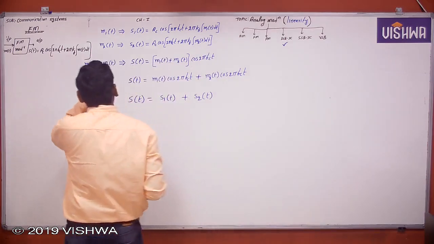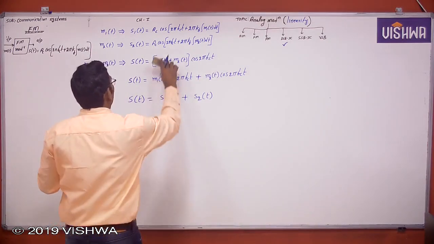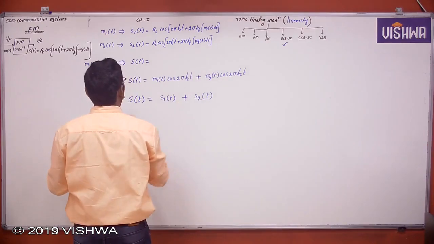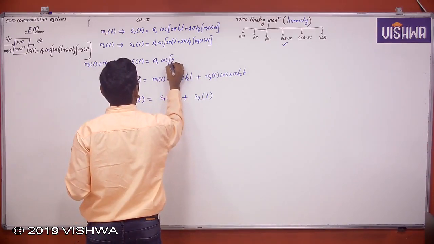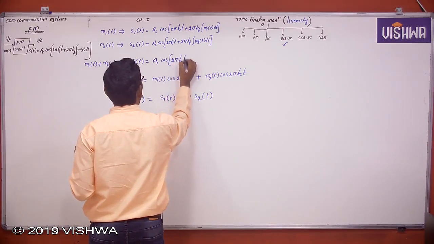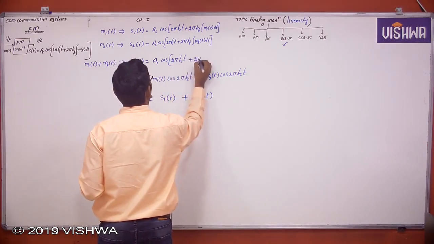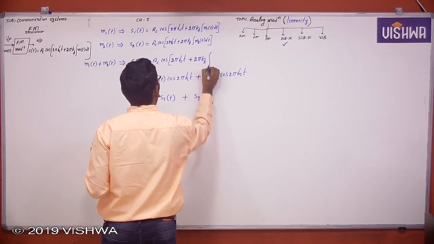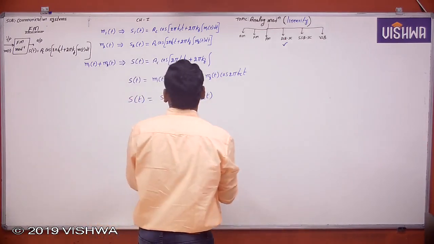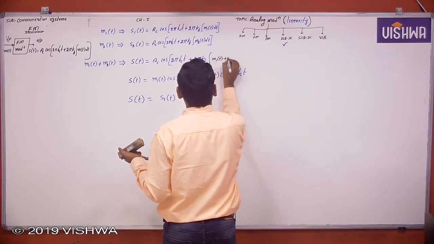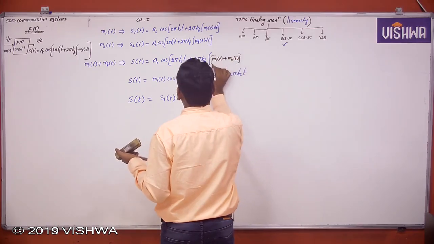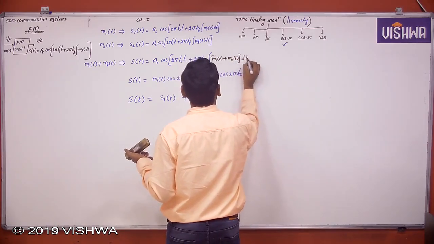Now m1 of t and m2 of t as input. Therefore now this is Ac cos 2 pi fct plus 2 pi kf integral, where m of t is now m1 of t plus m2 of t, into dt.